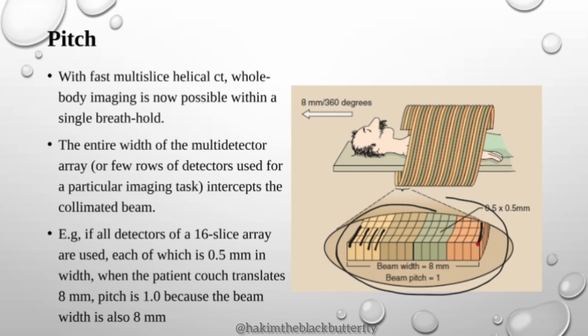The CT does not even need to rotate another time if you are interested in the heart. But a single slice CT has to rotate a number of times to have all the slices of the heart.